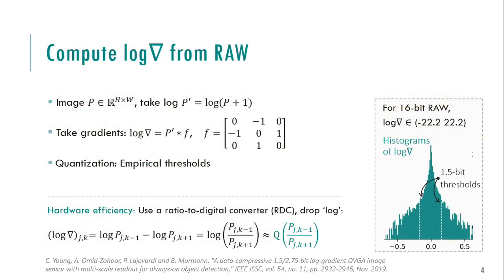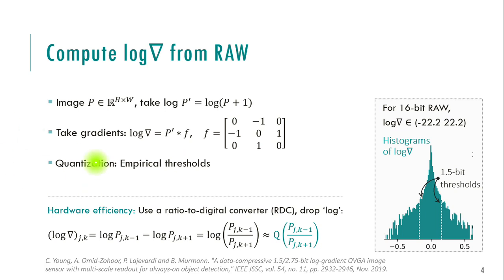So how do we compute log gradients from raw images? Take one image of dimension h times w. We first compute the log of pixels. Here the +1 is to shift the unsigned integers into the domain of log.